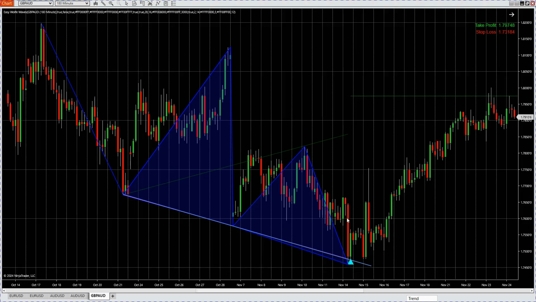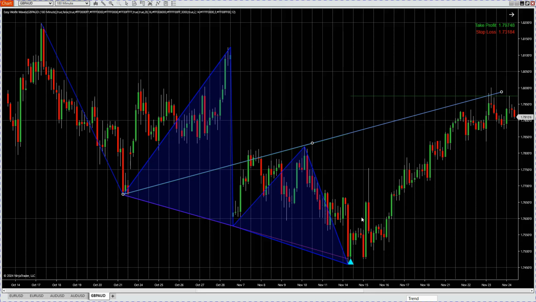The move to the upside started very quickly after that. If we take the other angle and come out, we can see that it goes out right to that point there, and it captured all of this almost perfectly.